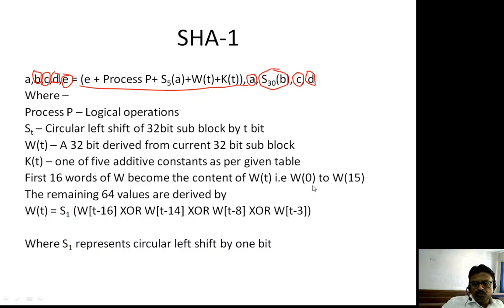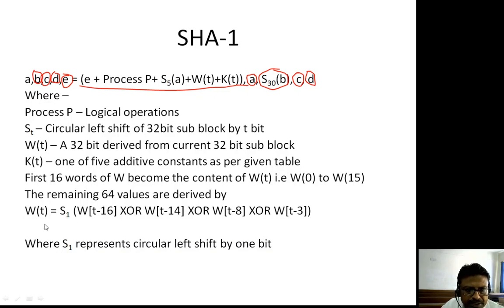So W0 to W15 are available, but we are not getting W16 onwards. There are 80 iterations, so we need 64 more values, and all these 64 values can be obtained with the help of this formula.